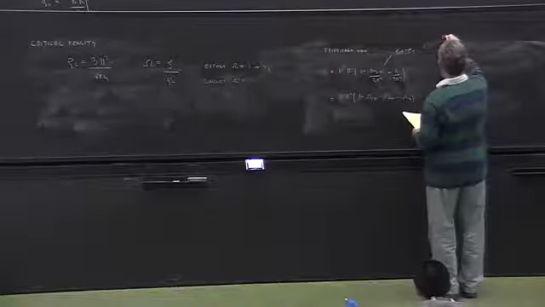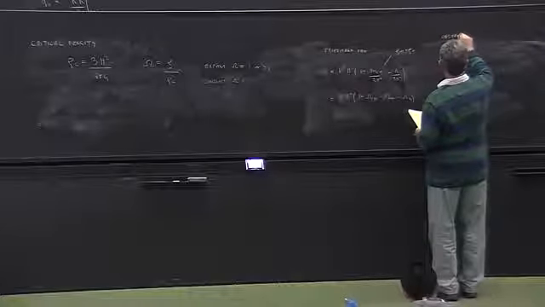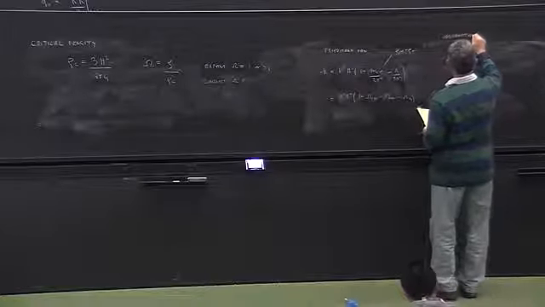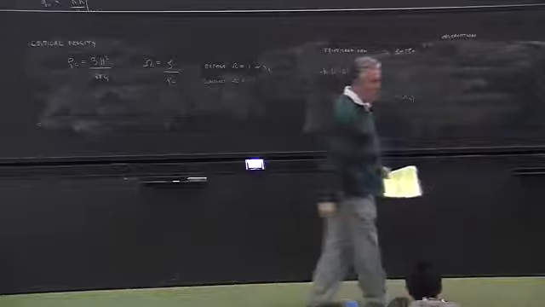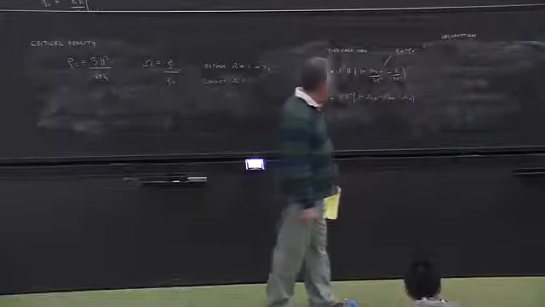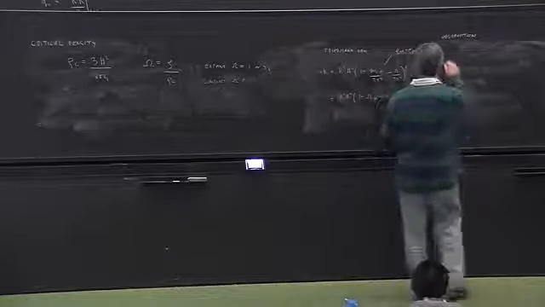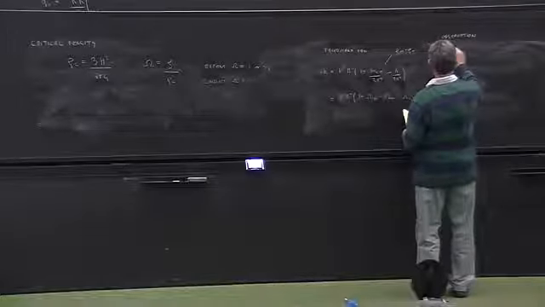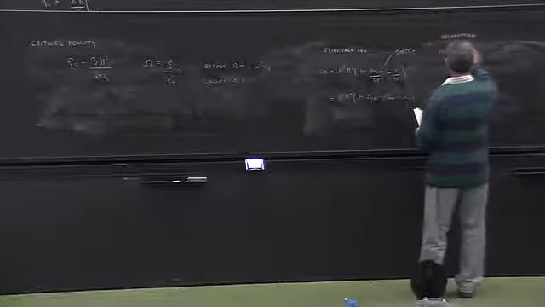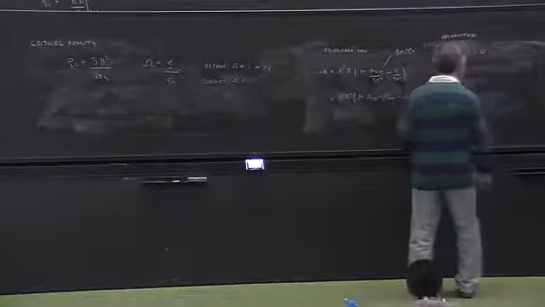Now, observationally, what kind of universe are we in? What seems to be the case is that we're in a k equals 0 universe with lambda greater than 0.